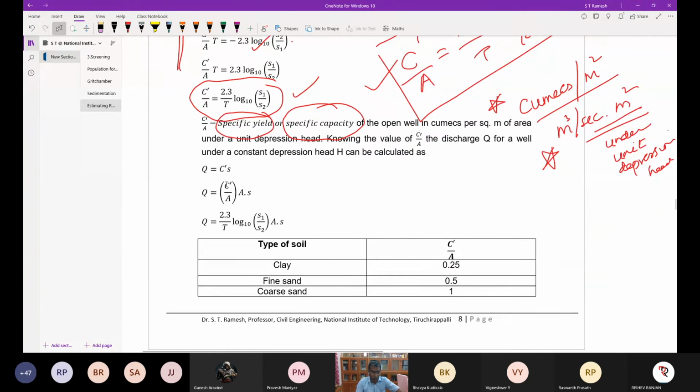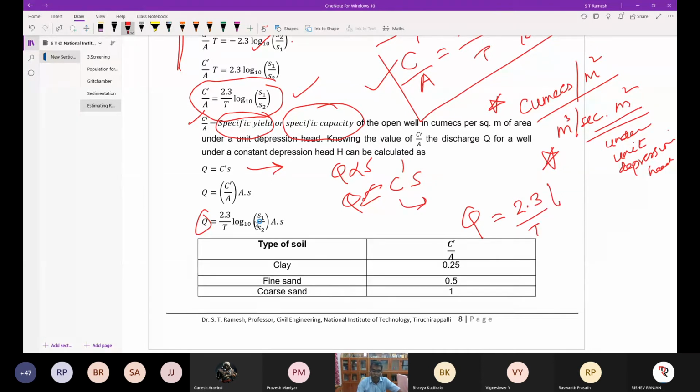But our interest is to find out the Q value. We know Q is proportional to S, Q = C' S. From the equation you can directly substitute C', so Q becomes (2.3/T) log10 (S1/S2) into A into S. Depending upon the type of soil, the C' by A value also varies from 0.25 to 1.